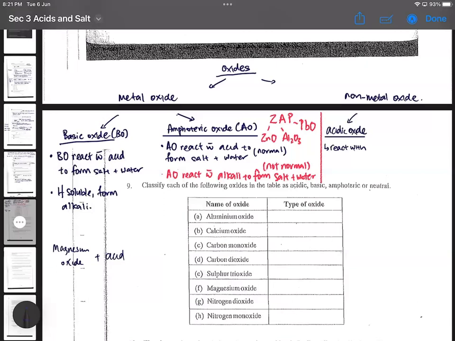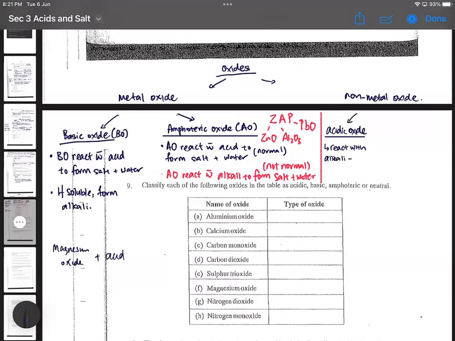The thing can be found in your basic oxide. What does it react with in the basic oxide? Alkalis, right? Because acid reacts with alkali, alkali reacts with acid. So because these are all acidic, they are likely to react with alkalis.